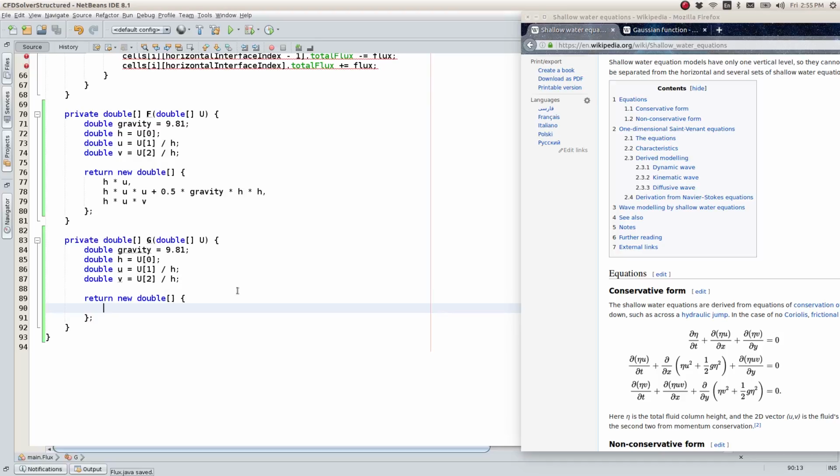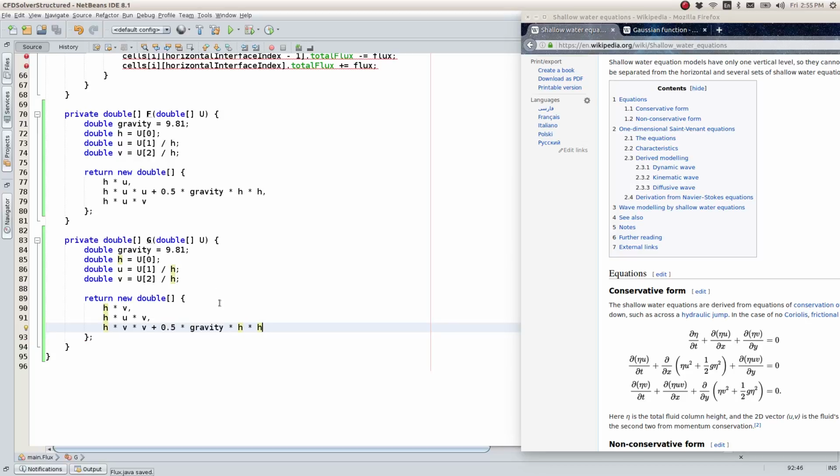We will have hv, then huv, then we will have h into v squared plus half times gravity multiplied by h squared.